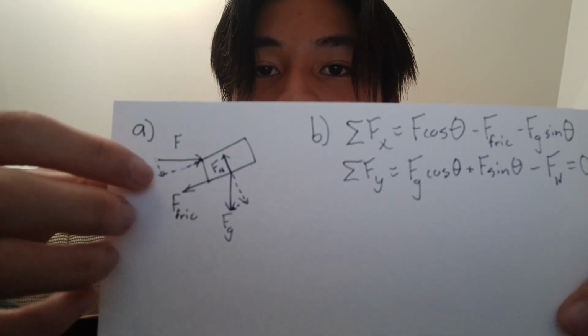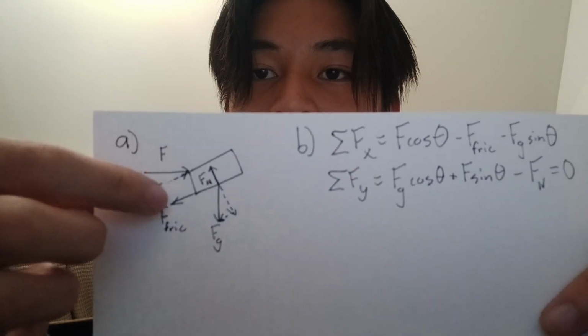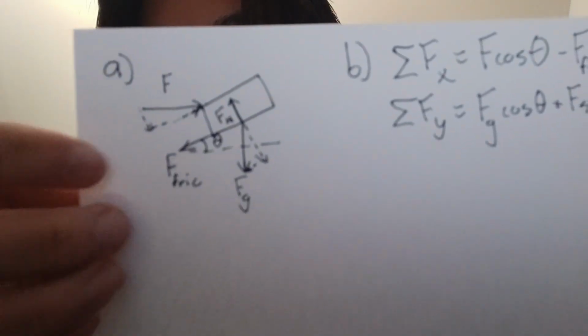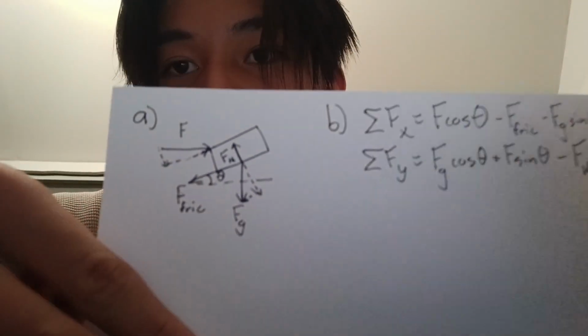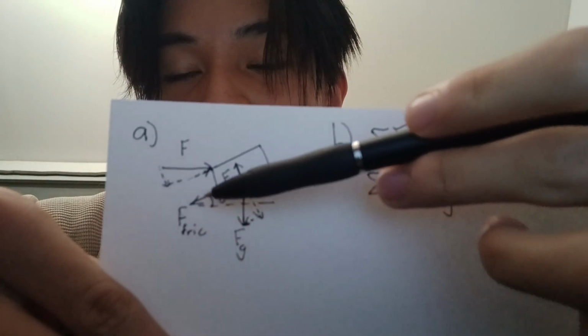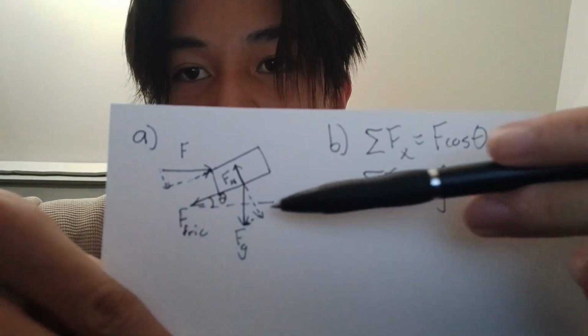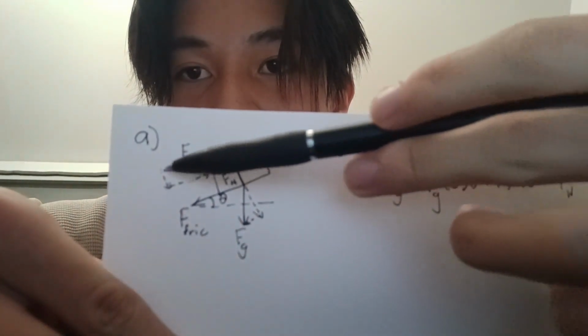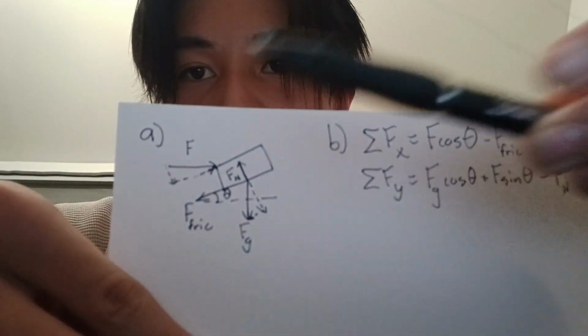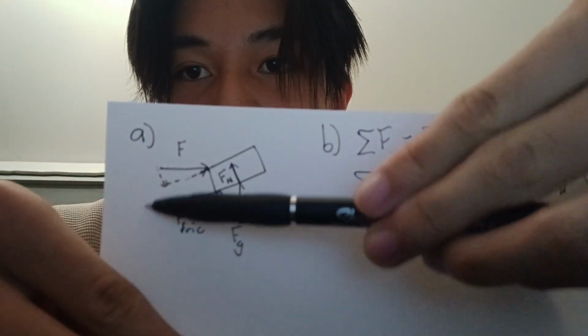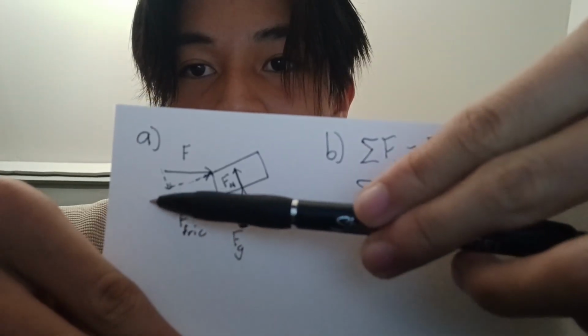And the reason we can say that the horizontal component of F is F cosine theta is because the angle of the incline here is theta. This is like a parallel line here, right? And then the horizontal force here is also a parallel line. They are parallel, right? It's parallel to the bottom of the slope.